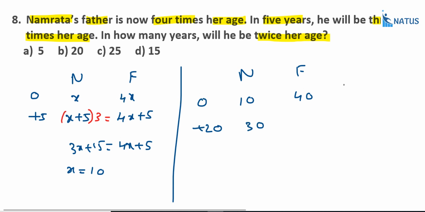Namrata's age is 30 and father's age is 60. What is the ratio? 1 is to 2, twice or not. So what is the answer? Option 20, option D is the correct answer. If you go through the conversion process, a bit of time is taken. Instead of that, just go through the options.